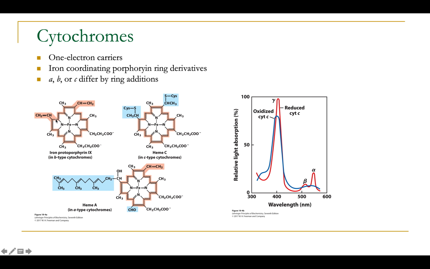And the light absorption properties are highly dependent on the surroundings of this delocalized electron cloud, which is dictated by the charge of the iron ion and the side chains modifying the porphyrin ring and the enzyme context.